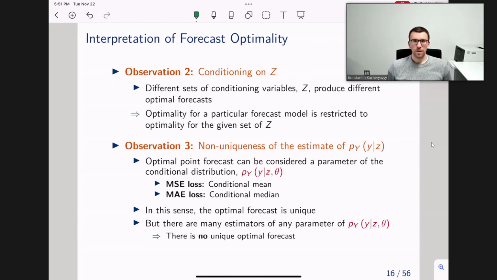How would we define optimal? There is no way to define optimality in the sense of corresponding to the unique population forecast.